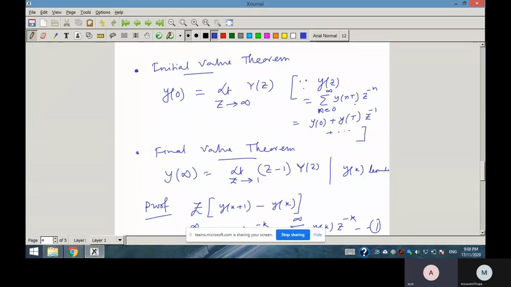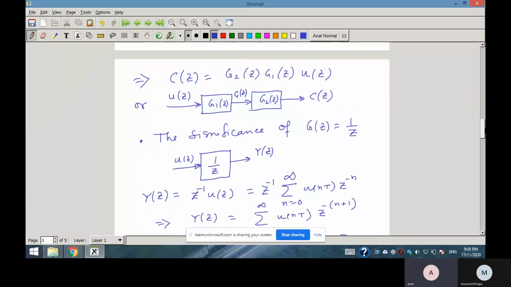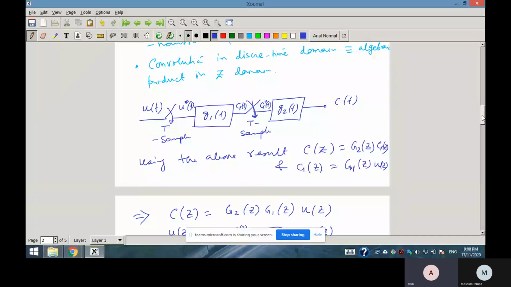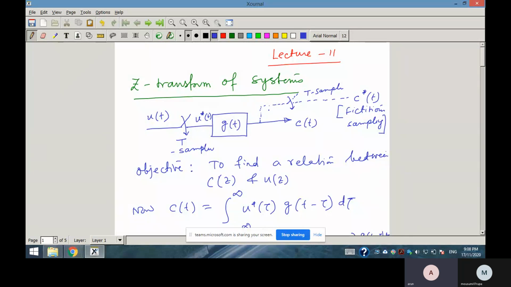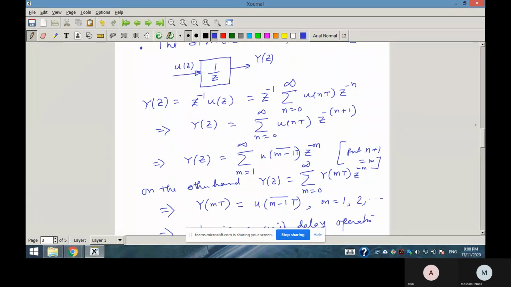Now, what is stability in the case of a discrete time system? Suppose you are given a system like this. How do you analyze the stability? In the case of a continuous time system, we saw that if the poles of the transfer function G(s) lie in the left half of the S plane, then it is a stable system.